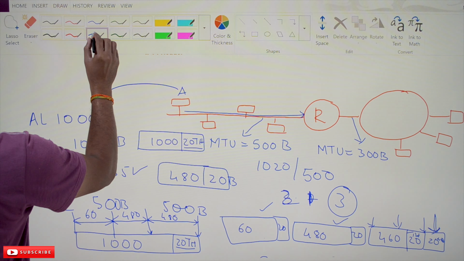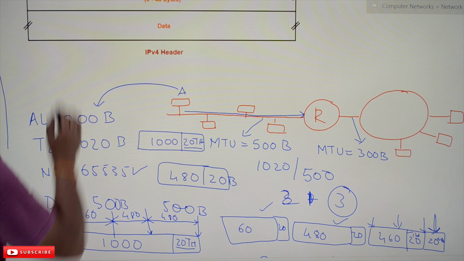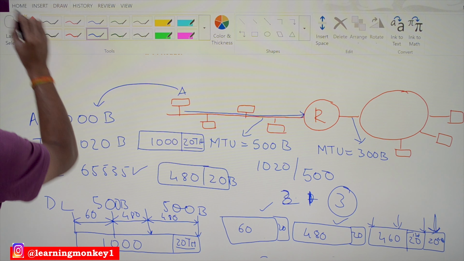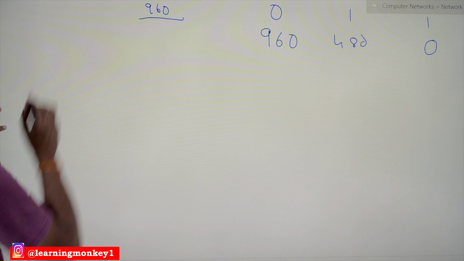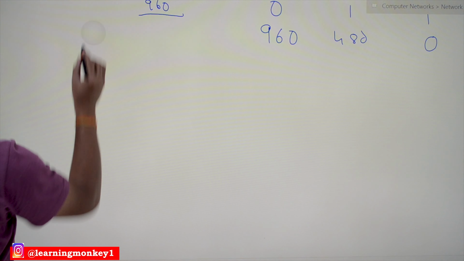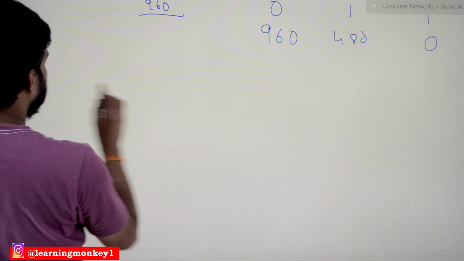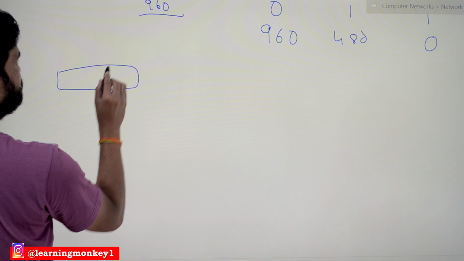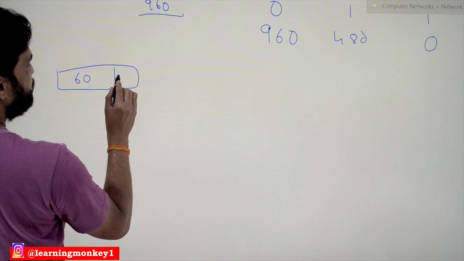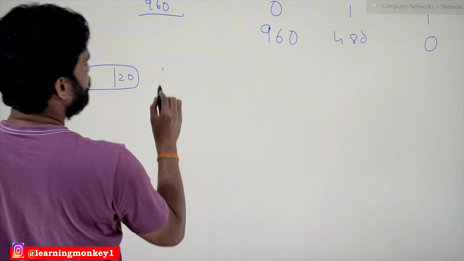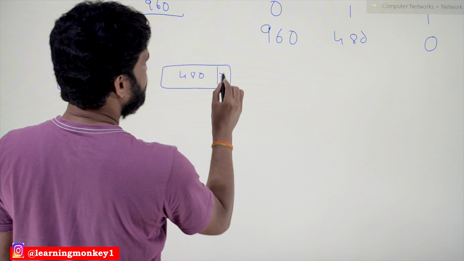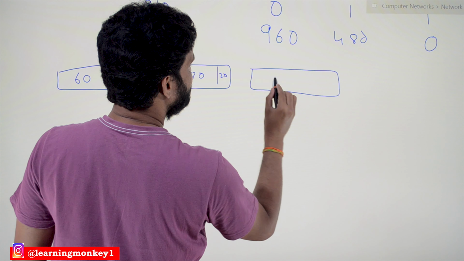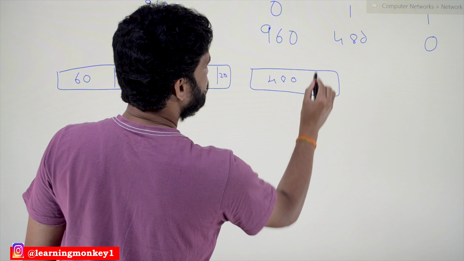So let's write again; we will take the content and freshly do that. How many packets have been received here? The third packet is 60 and 20. The second packet is 480 and 20, and the first packet is 480 and 20.